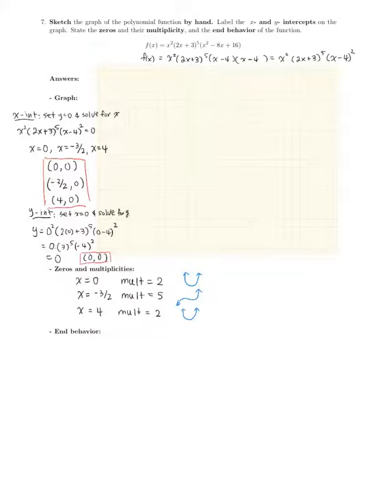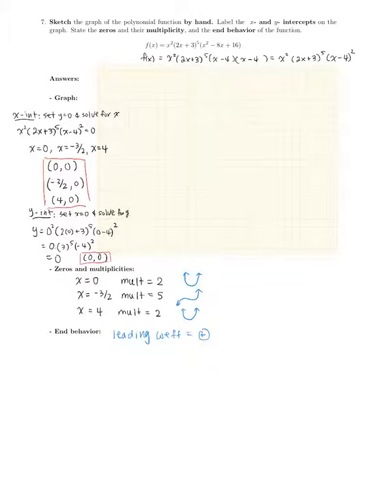Now notice that if you multiply everything out in f of x, the leading coefficient is going to be what? x squared times 2x to the fifth times x squared, which is still going to be positive x to the 9th. So in this case, the leading coefficient is going to be positive no matter what.